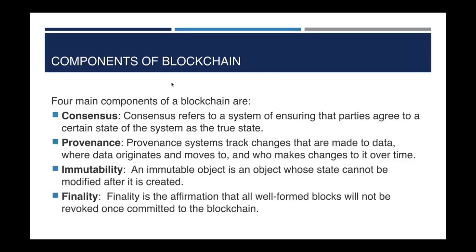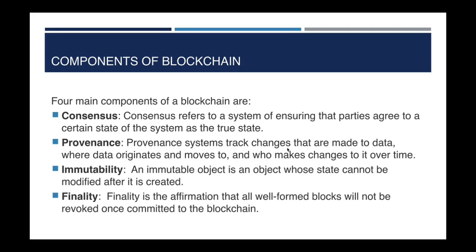So there are many components of blockchain. The main components of the blockchain are listed here. First is consensus, provenance, immutability, finality. Consensus refers to a system of ensuring that parties agree to a certain state of the system as the true state.